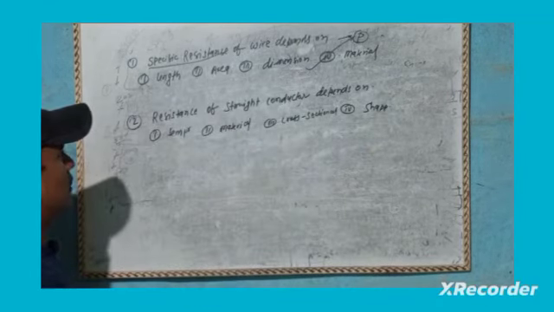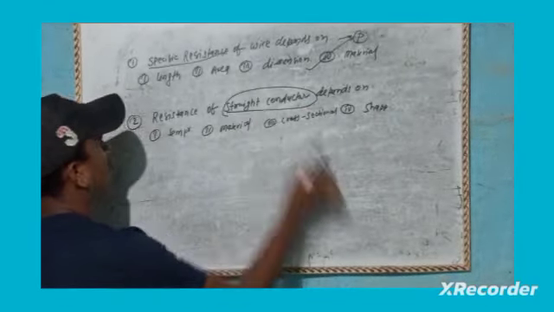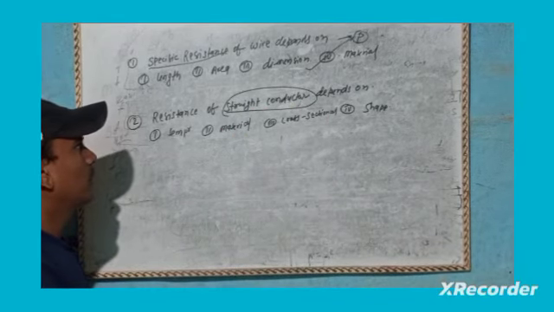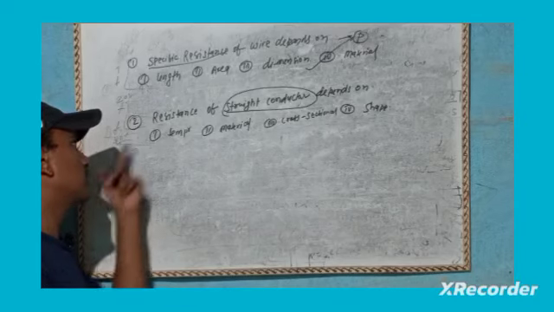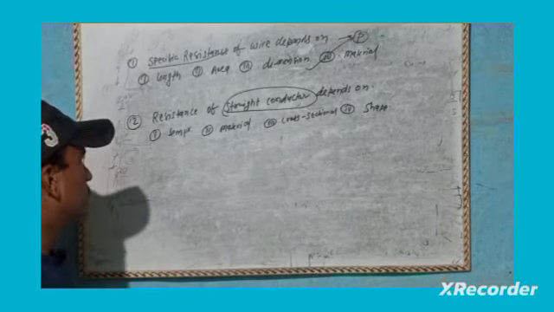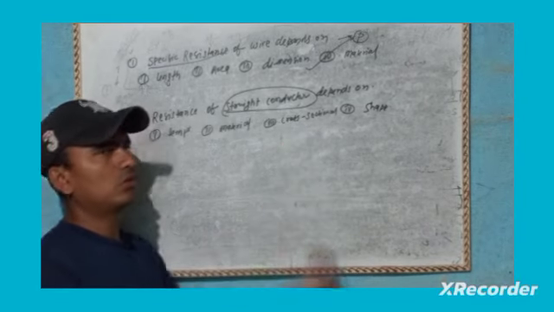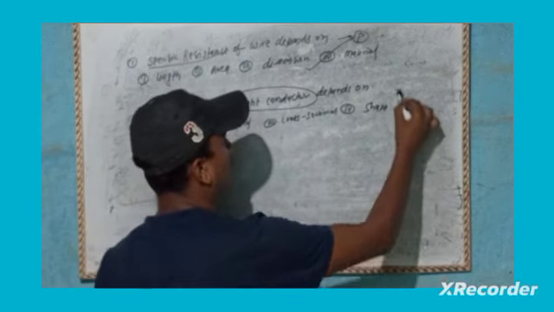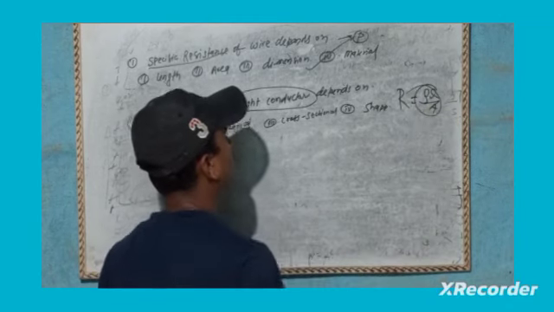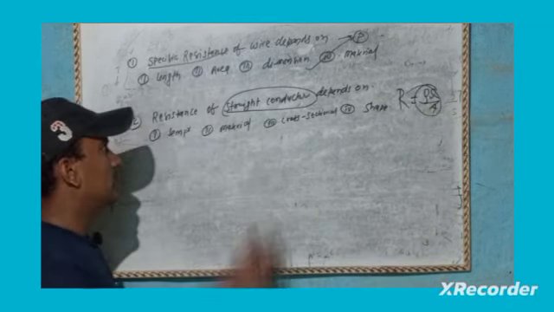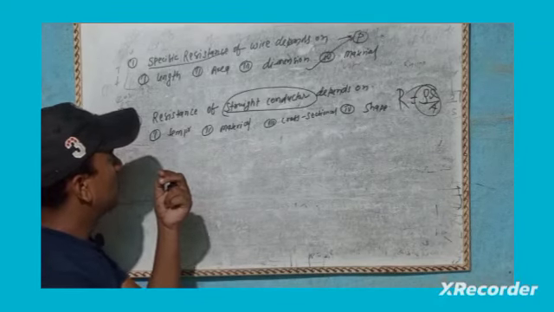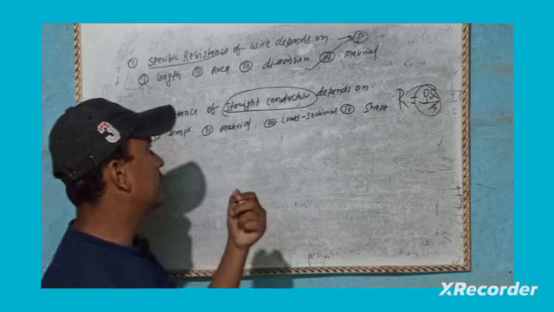Here the resistance of a straight conductor depends upon, according to Ohm's law, the temperature is constant, so it does not depend on temperature. For somebody who has doubt, you have written R is equal to rho L by A. But here it is written a straight conductor. It means do not change the length.